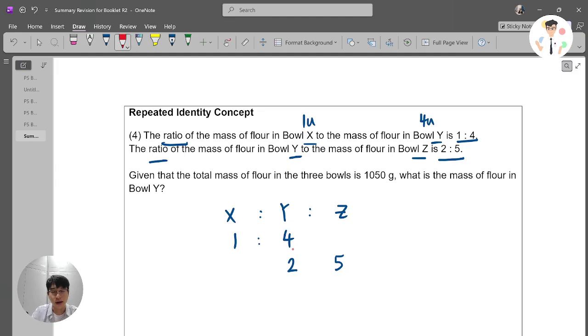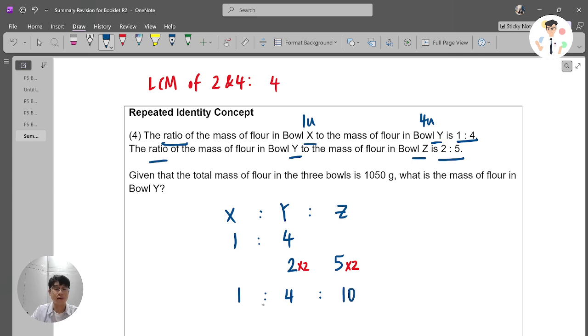I'm looking for the LCM. What is the LCM of 2 and 4? It's 4, because 2 times 2 gives you 4. So if we times 2 here, and we times 2 here, my new ratio is 1, 4, 10.